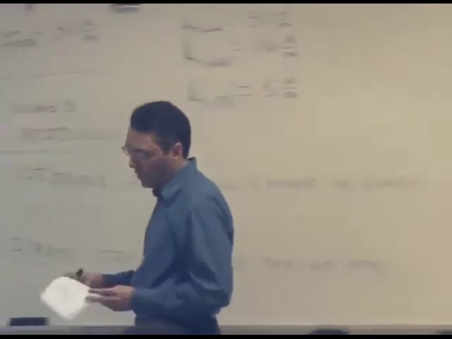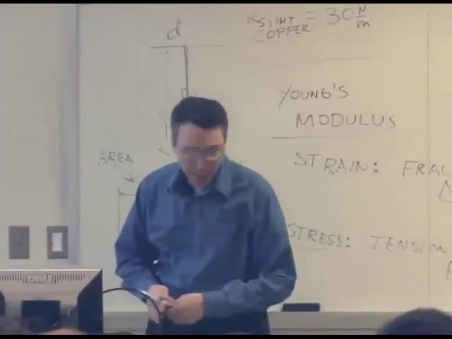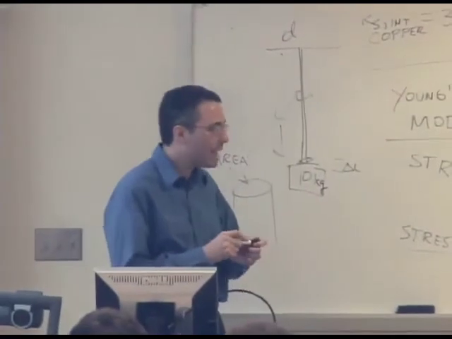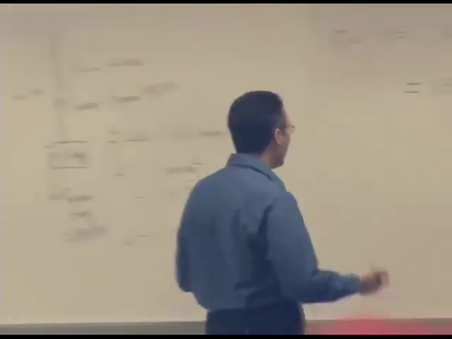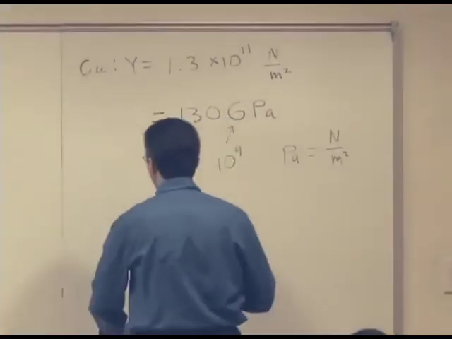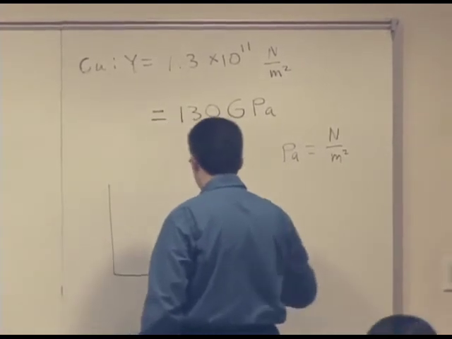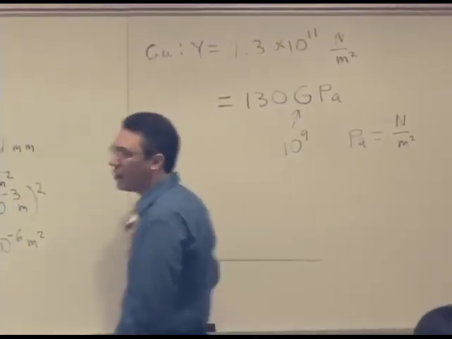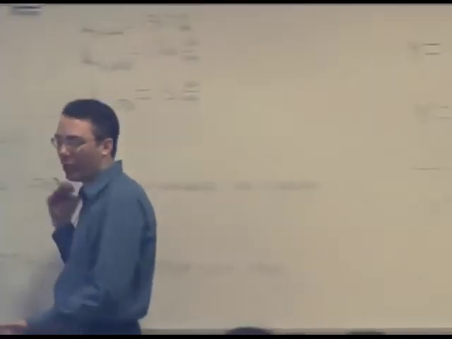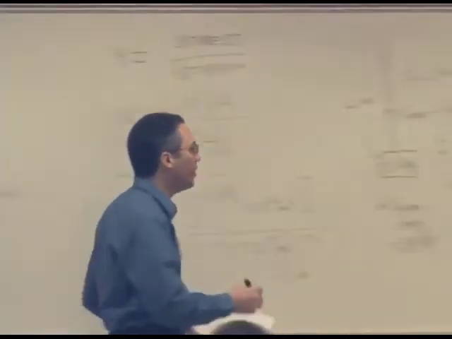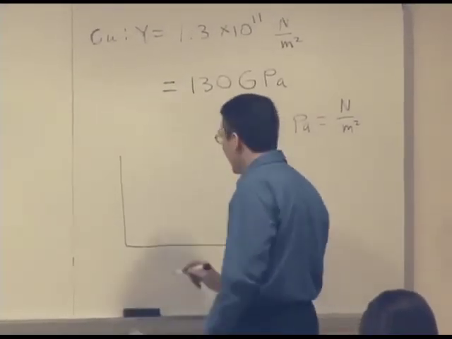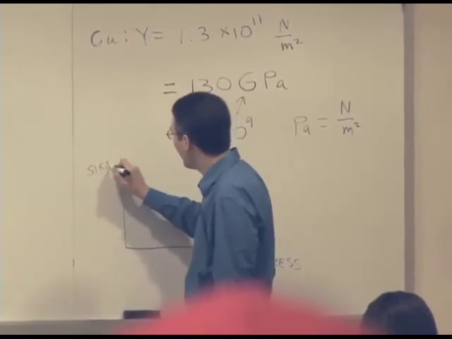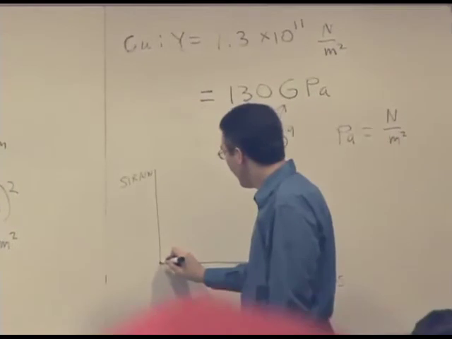Gigapascals. Okay, so it's a useful quantity for parameterizing the elasticity of a material. And it says that since it's a constant, or at least mostly constant, that if we were to plot, say for example, applying more and more weight to the end of that wire, I'm going to plot the stress down here on the x-axis, and I'm going to see what happens to the strain on the y-axis.